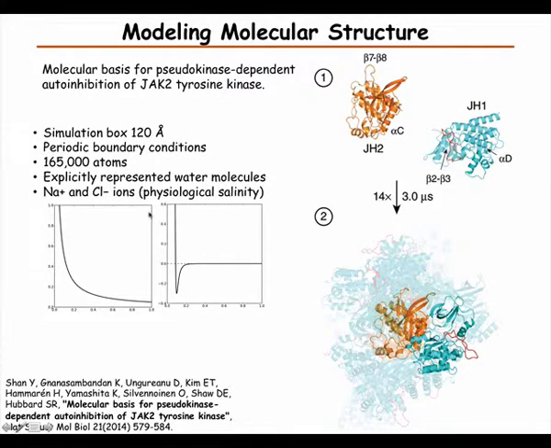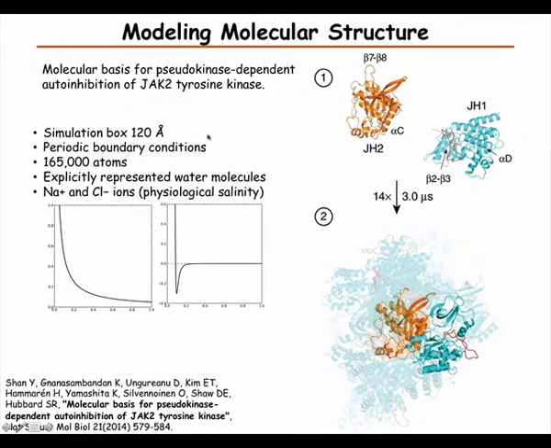So this is just one example from Stephen Hubbard's work, where they looked at the interaction between two domains of the JAK2 tyrosine kinase.